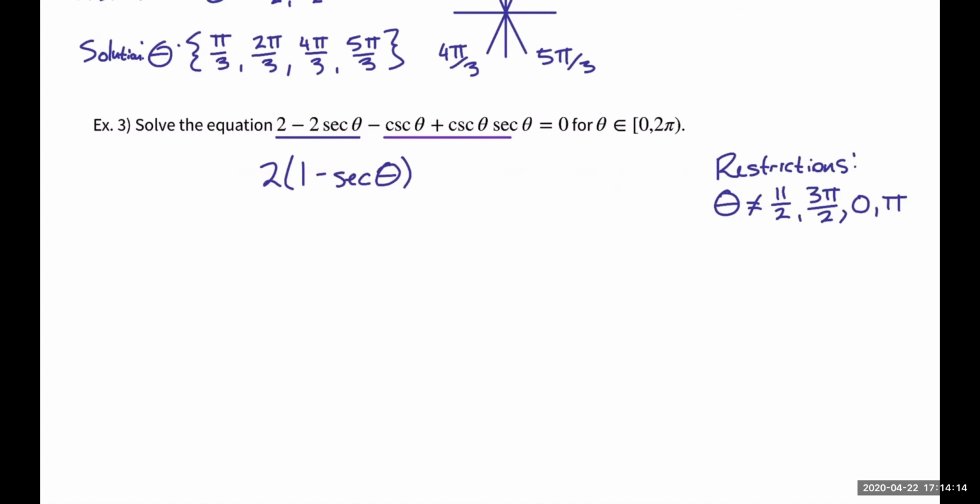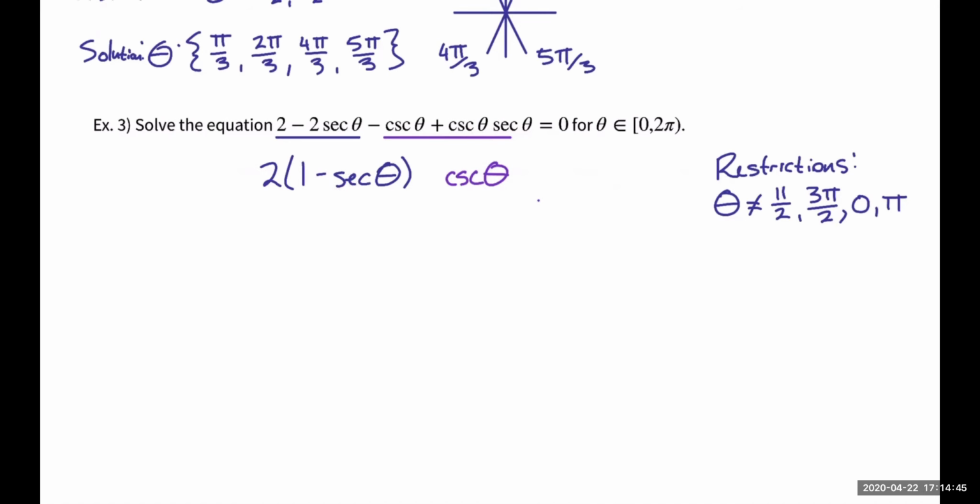And then we need to factor in the back as well, right? It's cosecant theta plus cosecant theta secant theta. And we can see that the greatest common factor is cosecant theta. But make sure that you're keeping track of your signs. So if we were to factor out a cosecant theta from this expression, we'd be left with a positive secant theta when we needed a negative secant theta to match up for our factor by grouping to work.